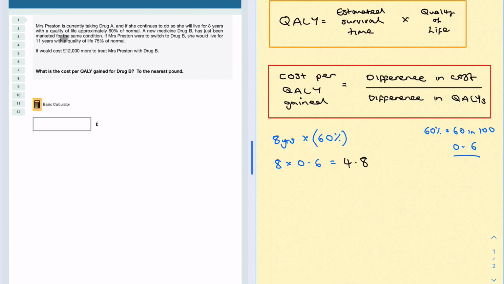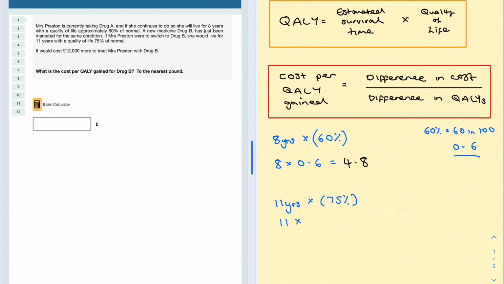Now taking a look at medicine B here. Drug B has just been marketed for the same condition. If Mrs. Preston were to switch to drug B, she would live for 11 years with a quality of life of 75%. So 11 years times by 75%. And remember, we can't do 11 times 75%.